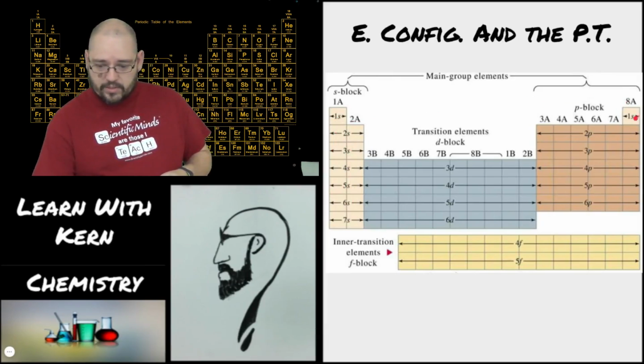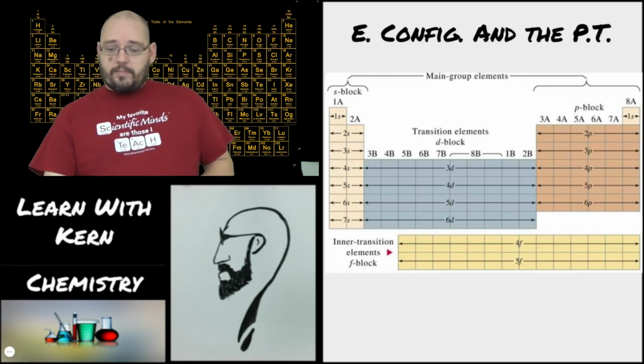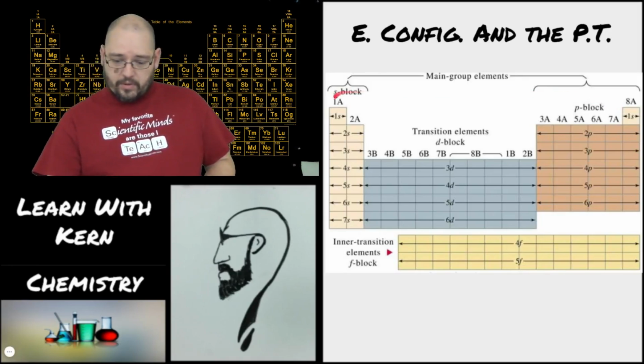Of course helium is over here with the noble gases because it is a stable element. However, because of its electron configuration, it has only 2 electrons and they're in the 1s orbital. We can say for electron configuration purposes, helium belongs right here. So you'll notice that in groups 1 and 2, you have 1s, 2s, 3s, 4s, 5s, 6s, 7s. These are the periods, and this is the s block, all right?